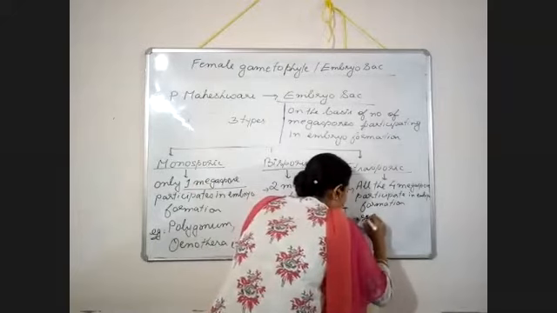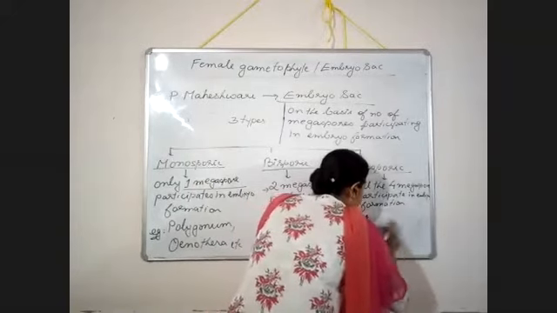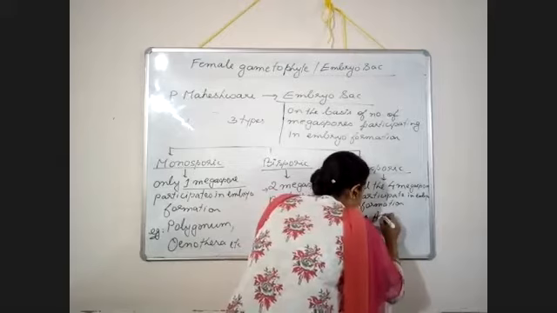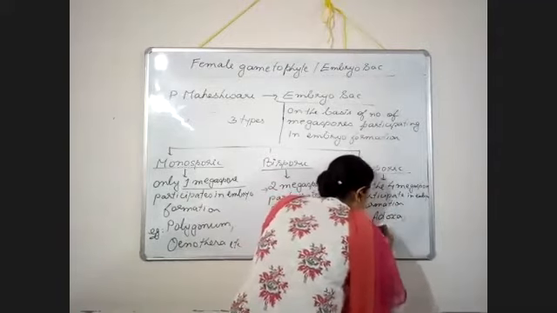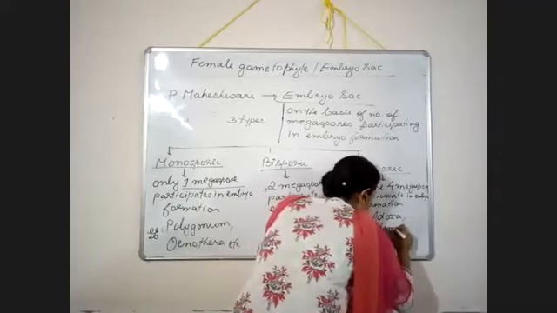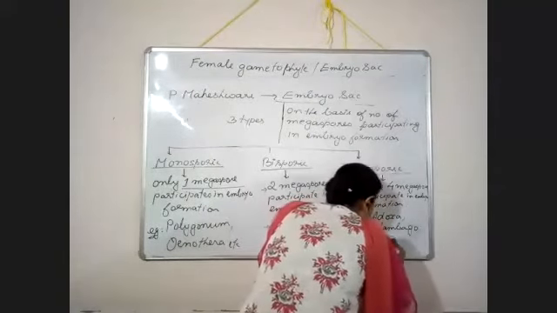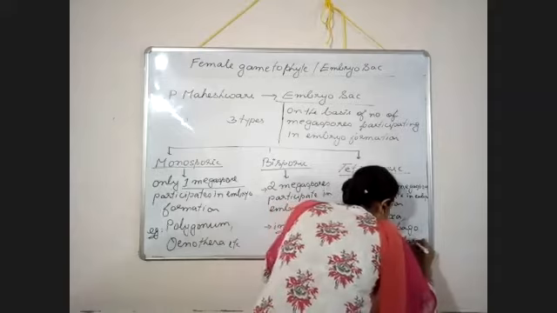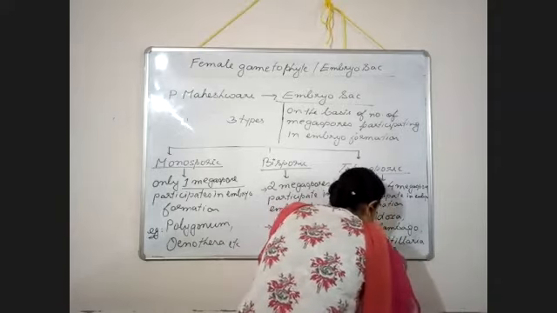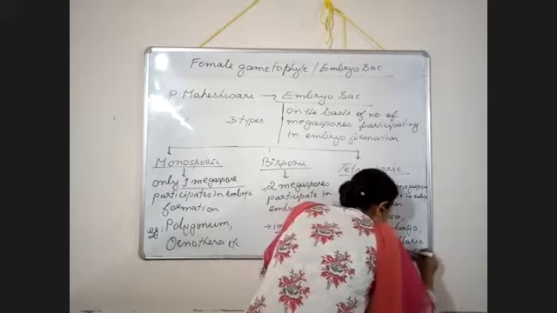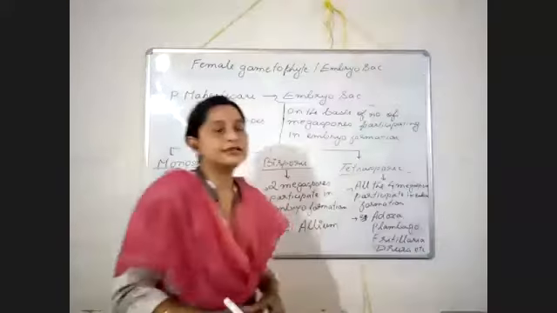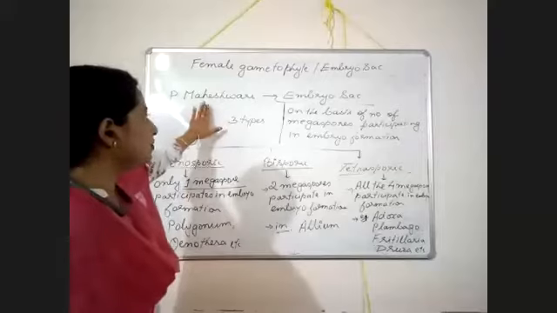Examples of tetrasporic can be seen in Adoxa, Hamburgo, Fritillaria, Drusa, etc. So this was the information according to Maheshwari.